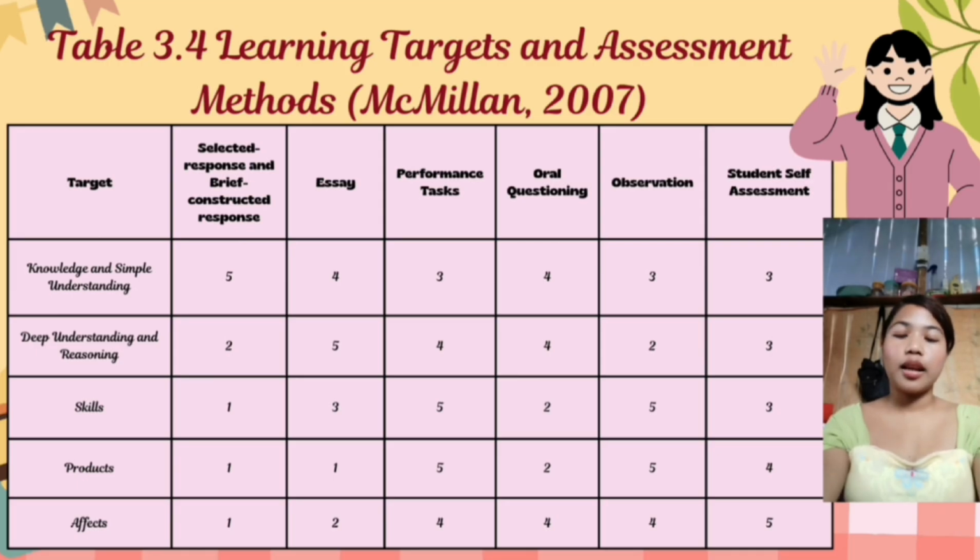So as you can see in the table, the corresponding type of learning has a corresponding score, with 5 being the best and 1 being the lowest. So please refer to the table above.